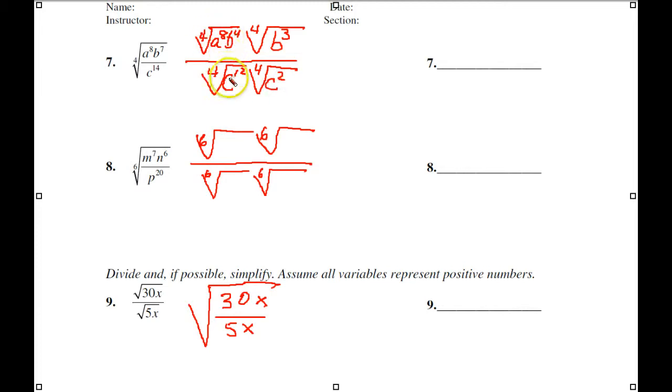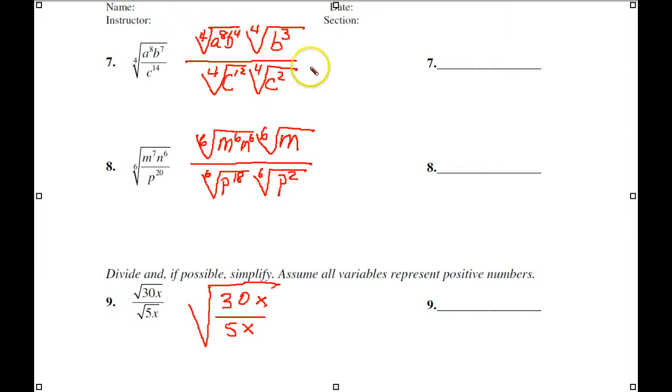Again, we're dividing those into perfect fourths and whatever's left. Now we're doing sixth. So this will be m to the 6th, and then an m over here. And this is n to the 6th. And this will be p to the 18th, and then p to the 2nd.